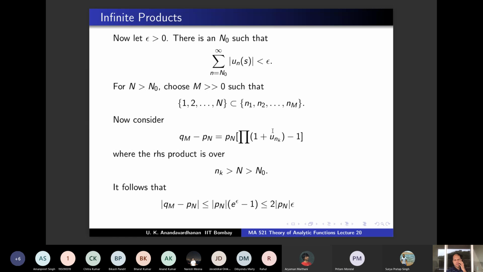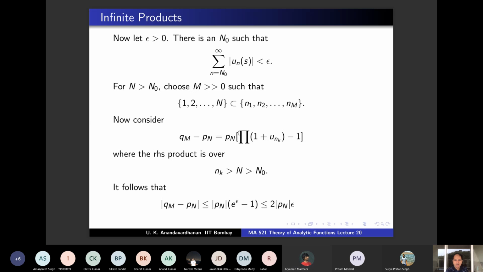So what you know is, you're getting e power epsilon. Epsilon is coming from here. So what you are claiming is, you're going to bound this.